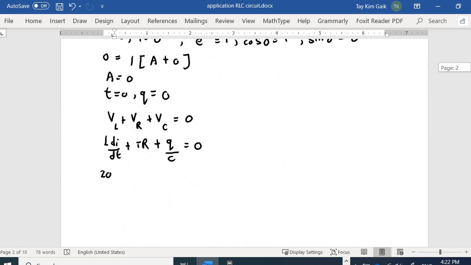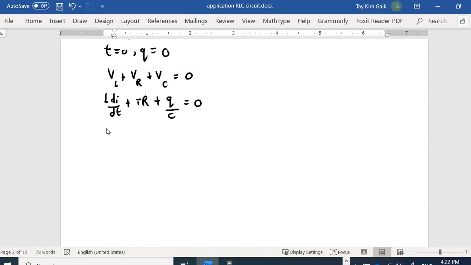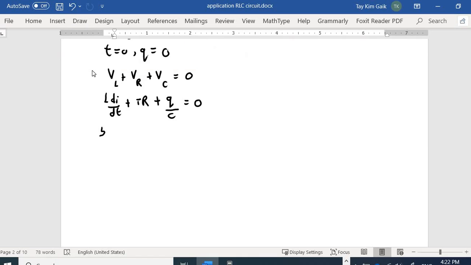L is 5, R is 20. So we have L dI/dt plus 20i plus Q over 10 to the power negative 2 equal to 0.